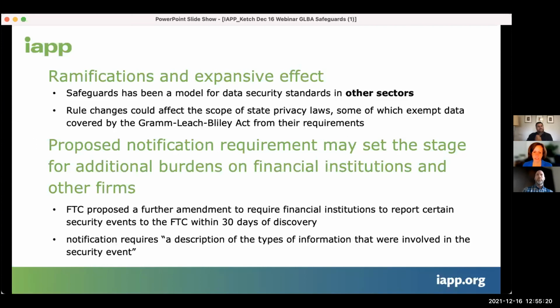And for those folks on the webinar who deal with breach notification, there would be no delay for companies cooperating with law enforcement. And that is an outlier in terms of the alignment with state law.